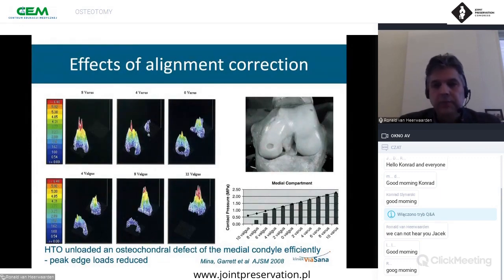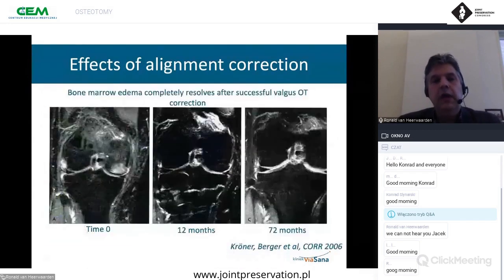And that's very important. If you want to treat that osteochondral defect, you need to have an alignment that causes your repair treatment or your reconstructive treatment to work. And that is all in the article of Mina and Garrett.